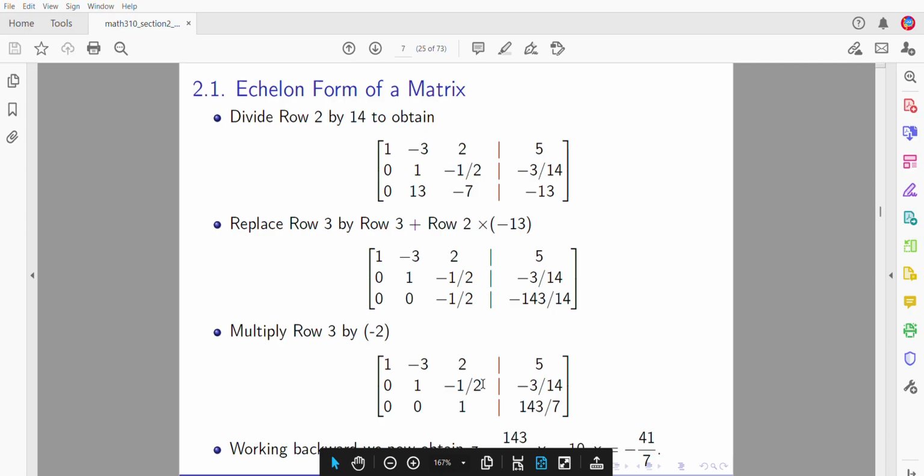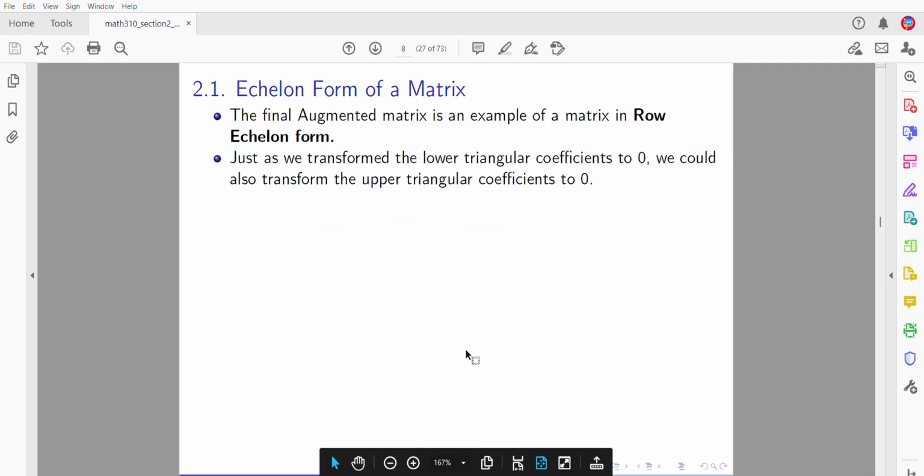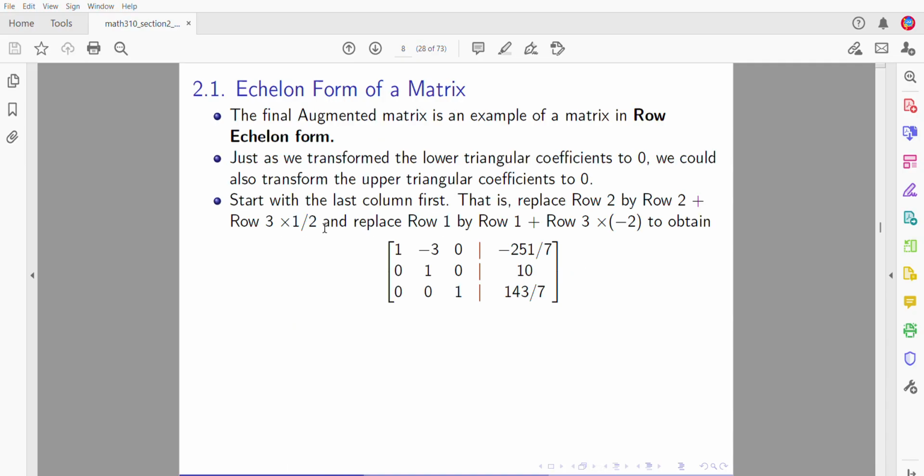I need to multiply this by -2 and add it to this. So to get a 0 here, multiply row 3 by half and add. To get a 0 here, multiply row 3 by -2 and add.